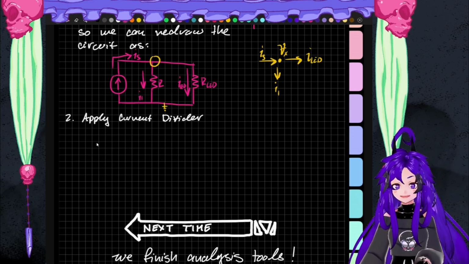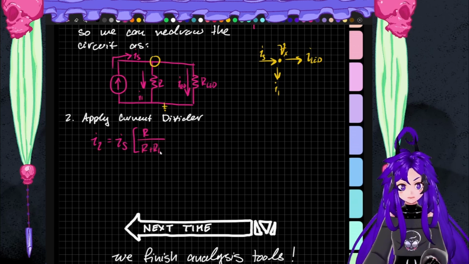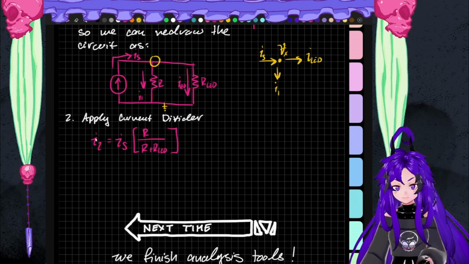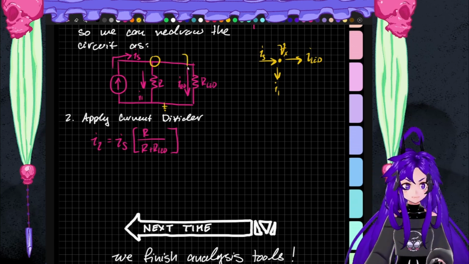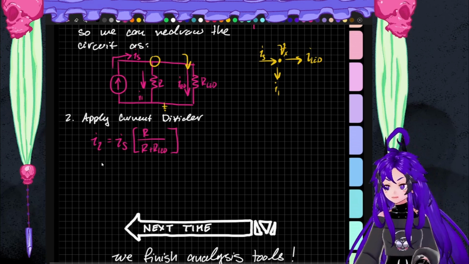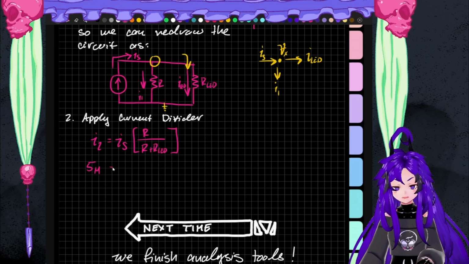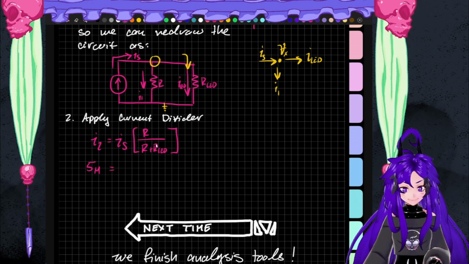So instead, we're going to say I2 equals I source times R over the sum of resistance, R plus R LED. And then we're going to plug stuff in. We started with I2 because I2 is I LED. So we got that 5 milliamps that we were told this LED requires.